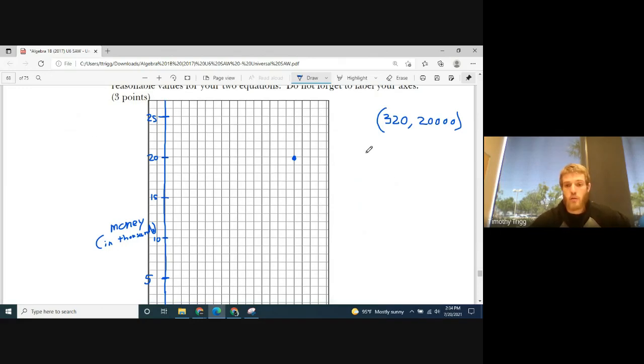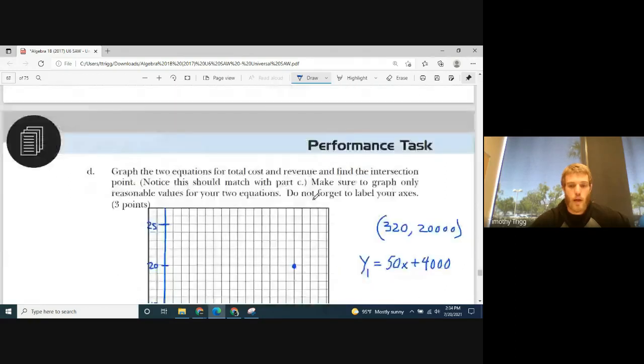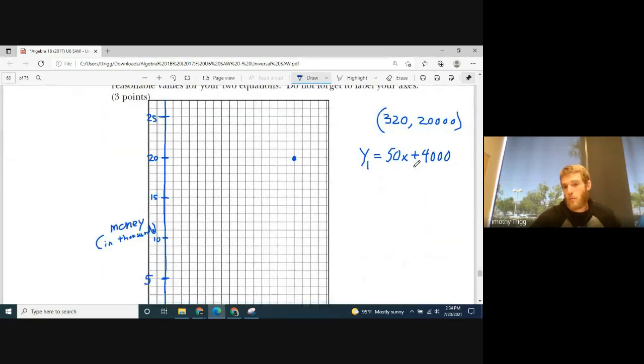So let's go ahead and graph the y sub 1 first. So y sub 1 was the cost equation, which was 50x plus 4,000, I believe, right? Yeah. So now let's go ahead and graph that. So we know, if we remember, y equals mx plus b, our m, our slope, will be 50, and our y-intercept is 4,000.